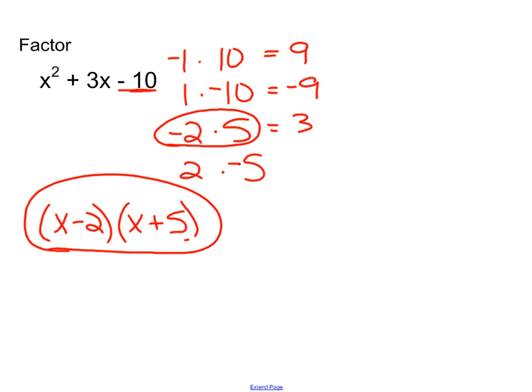Okay, taking a look at another one. We're trying to get negative 18. And so once again, this has to be negative. So negative 1 times 18, 1 times negative 18. Okay, the top one, when you add them, would give me 17. The bottom one, negative 17. So that's not it.